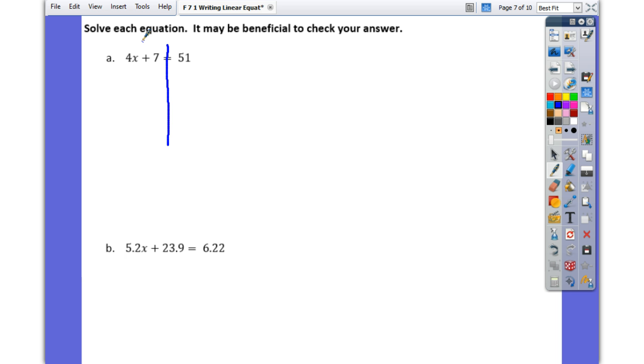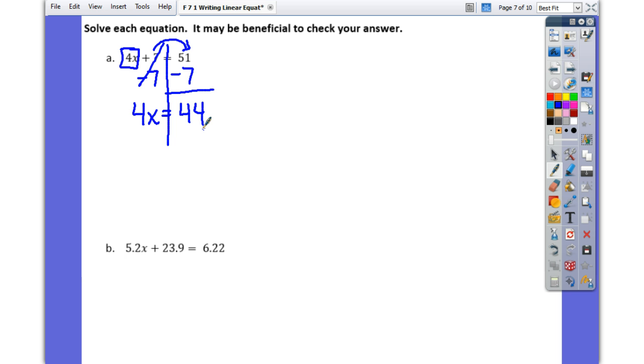Red rover, send over 7, because I want to get all my variables on one side and my numbers on the other. So let's move this 7. Red rover, how will I do that? The inverse is a minus 7 to both sides. So 4x equals what? What's 51 minus 7? It is 44.